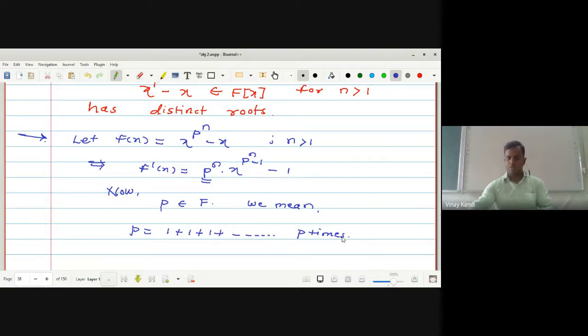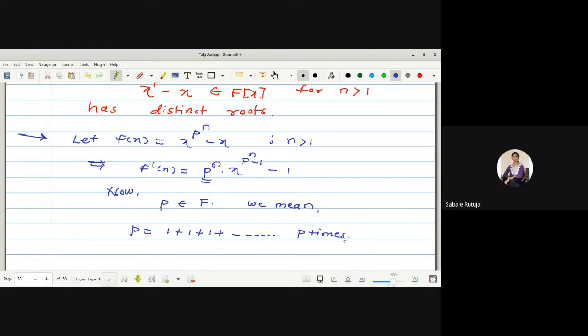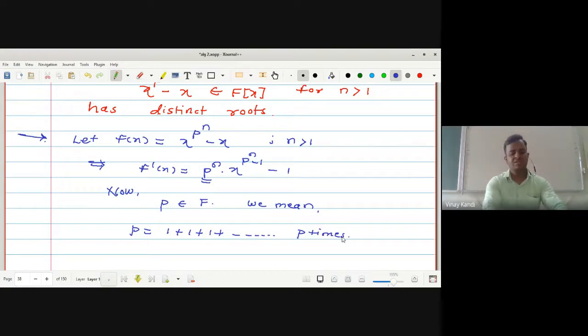Any doubt up to here? No, sir. Okay, since F is of characteristic p, and we have 1 plus 1 plus 1 up to p times, then what is the value of this one? p is equal to 0.